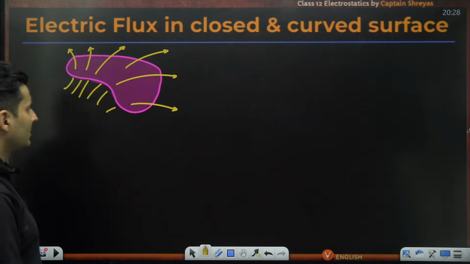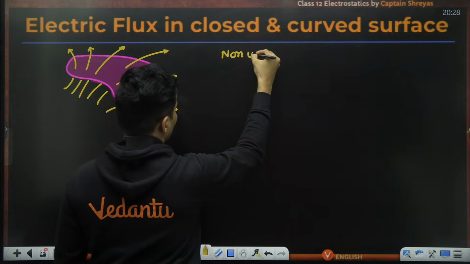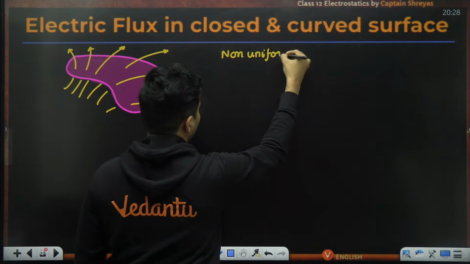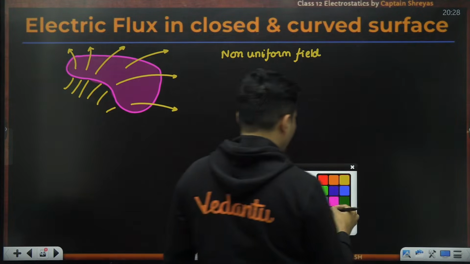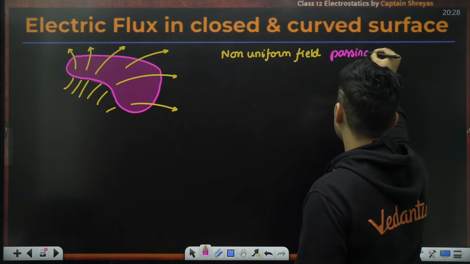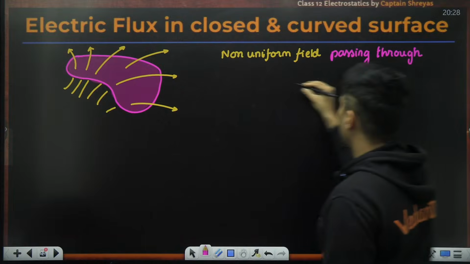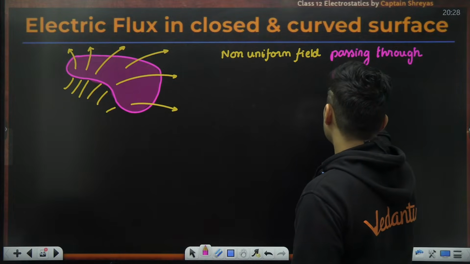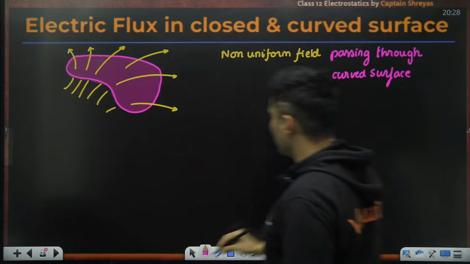So it is basically a non-uniform field passing through a curved surface. Can I measure the flux through a curved surface?